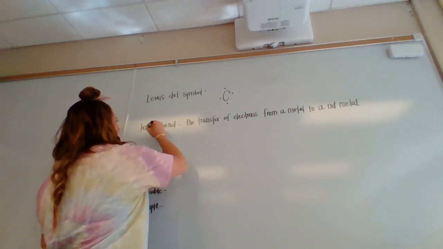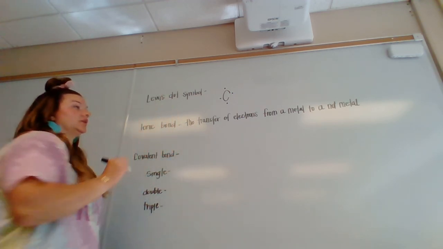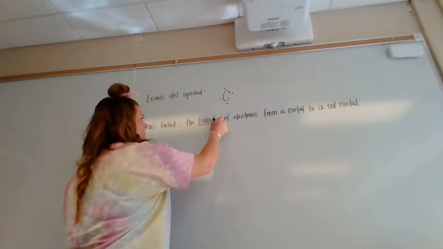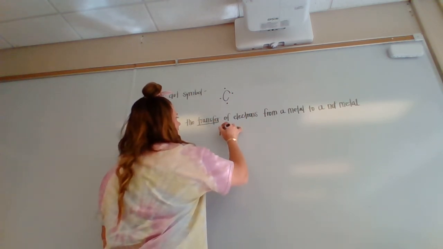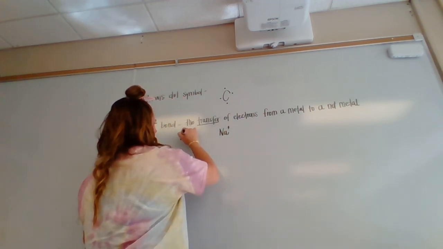So we will not be drawing ionic compounds using Lewis dot symbols because we're simply transferring electrons. So say we form sodium chloride.